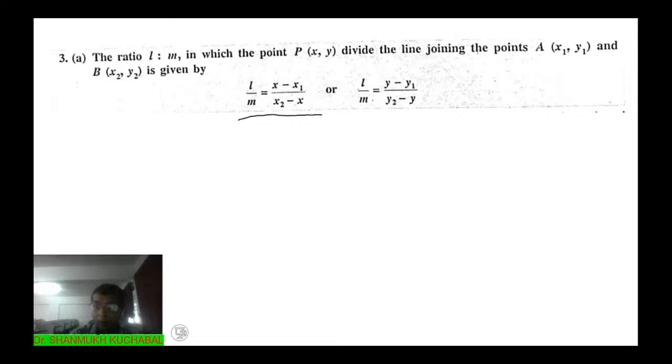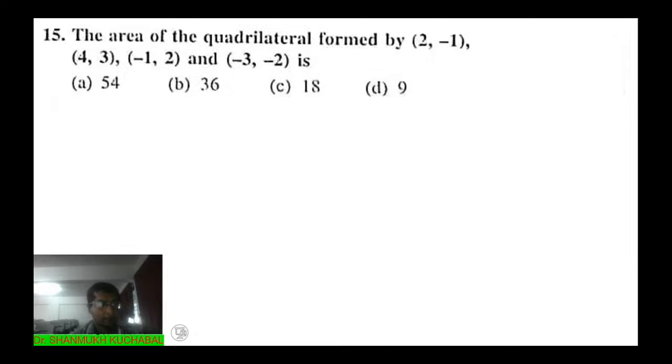Or if the y coordinates are given, then L by M equal to (y minus y1) divided by (y2 minus y). Okay, now we will solve multiple choice questions based on the previously defined examples.